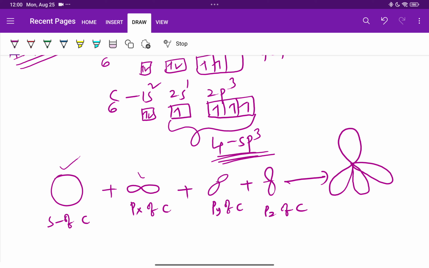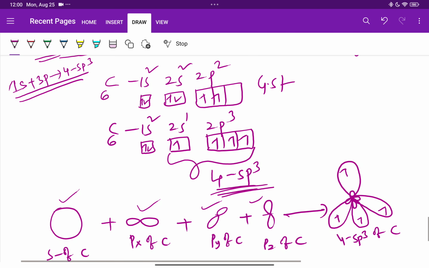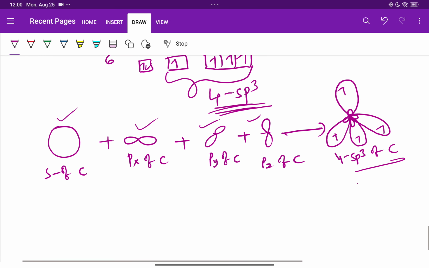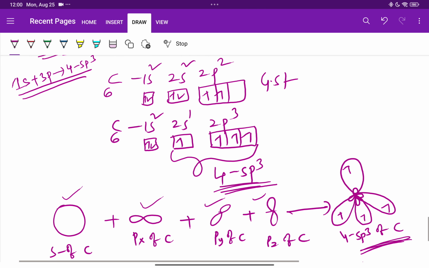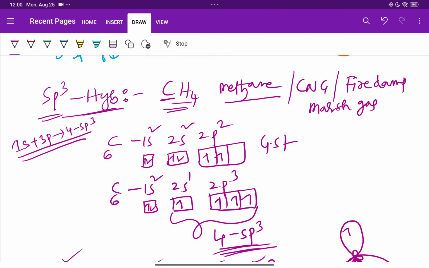Because 4 atomic orbitals are intermixing, we will get 4 hybrid orbitals. So the splitting is happening here: 1, 2, 3, and 4 sp3 of carbon. The electrons are unpaired like this. Then these 4 sp3 hybrid orbitals of carbon overlap with 4 hydrogen s orbitals.